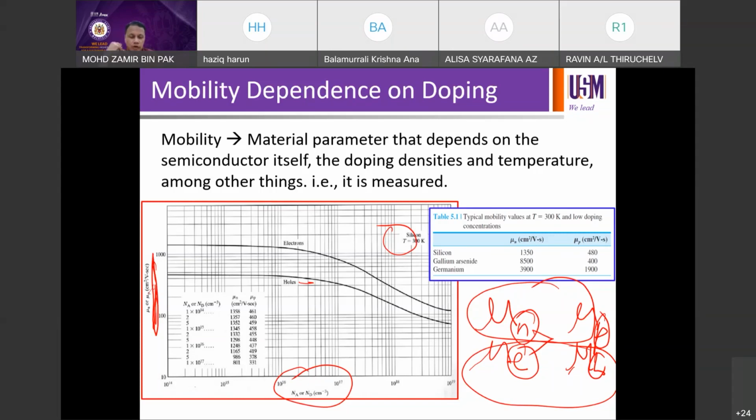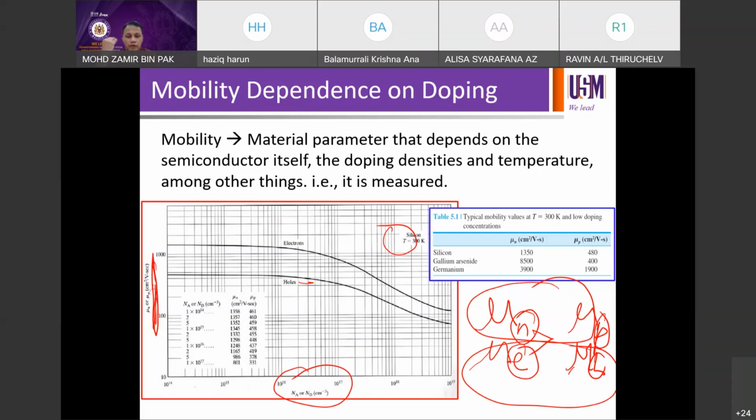Mobility of electrons at 1 times 10 to the 16. What value is it? What do you see from the graph? 450 electrons, okay? Are you looking at electrons or holes? Electrons. The upper curve, right? The upper curve is for electrons.